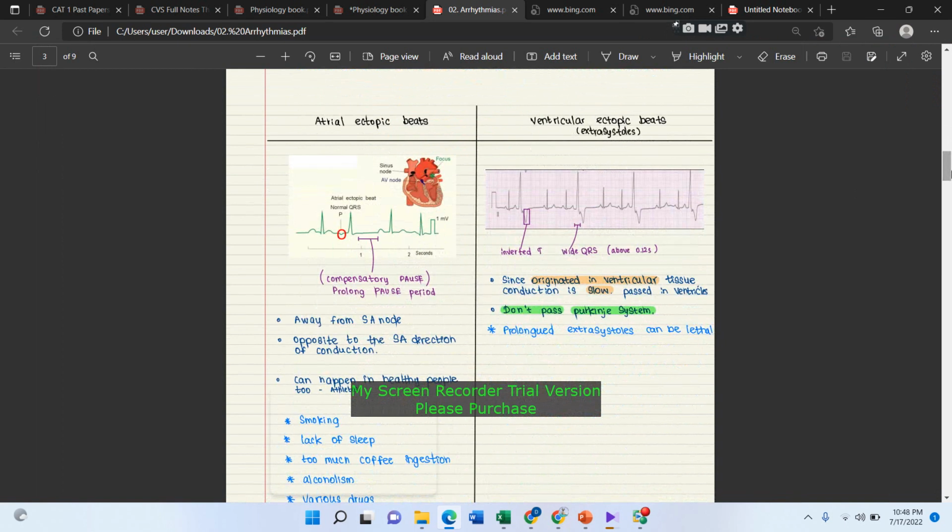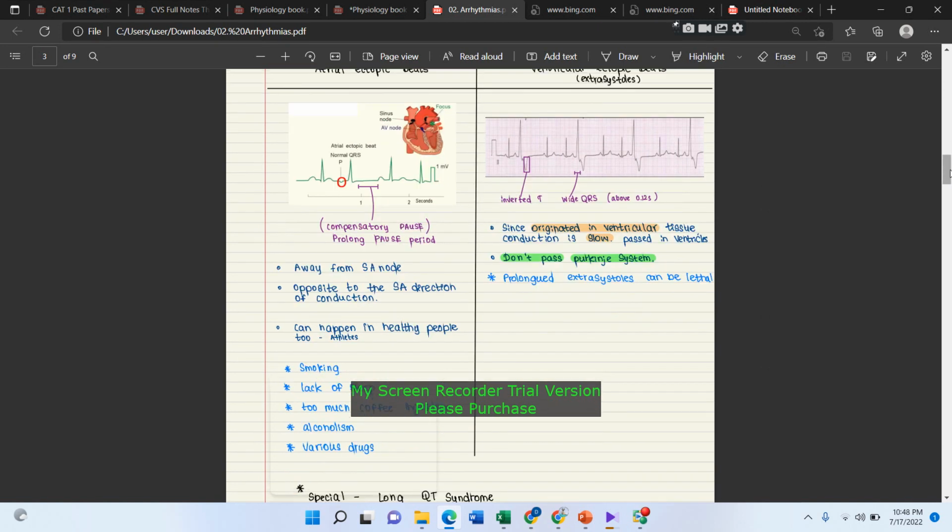There are two types of ectopic beats: atrial ectopic beats and ventricular ectopic beats. Atrial ectopic beats are away from the SA node, which is within the right atrium, just below the superior vena cava, and they conduct in the opposite direction to the normal direction of conduction.